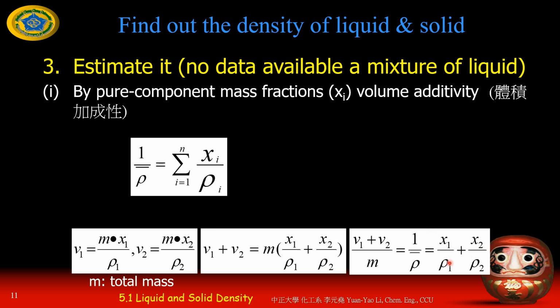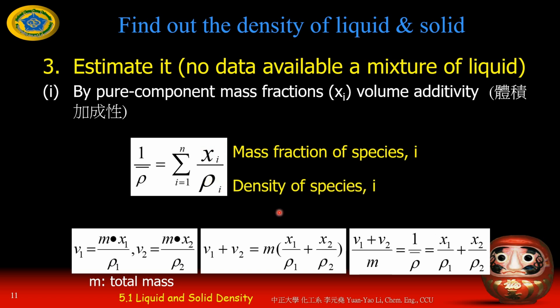But if you have 2 components, 3 components, 4 components, you can use the general term, right? 1 divided by rho bar equals the summation, where i represents species from 1 to n, of xi divided by rho i. So xi is the mass fraction of the species, 1, 2, 3, 4, and rho i is the density of the species.